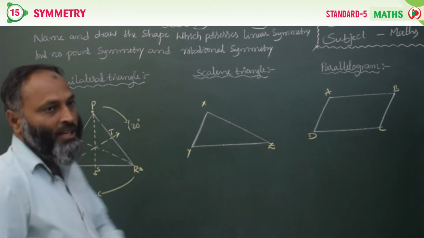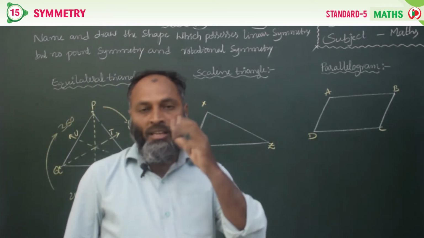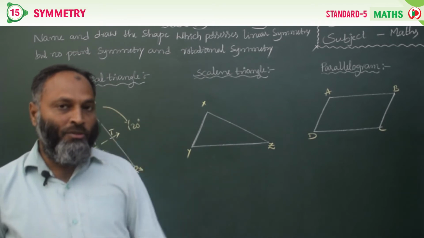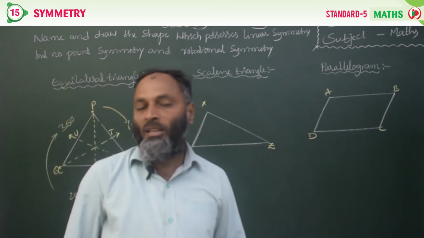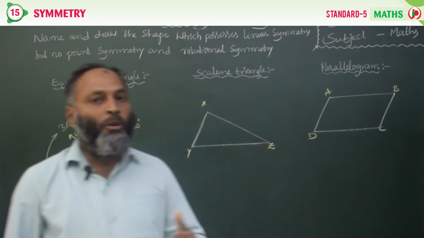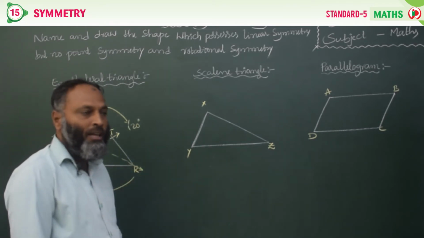So you get three rotational symmetries. In an equilateral triangle we have three lines of symmetry and three rotational symmetries, but we do not have a point of symmetry.